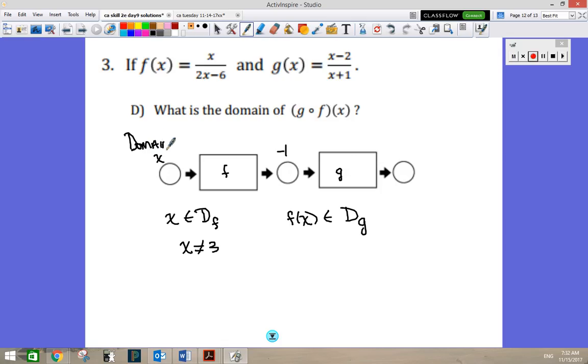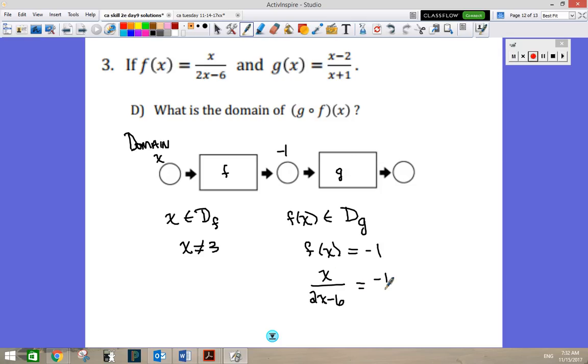We do not exclude these intermediate values. We do not want f of x to ever equal -1. But in order to figure out what x causes that, we do have to temporarily let it equal -1 to solve this equation. X over 2x minus 6, that's what f is.